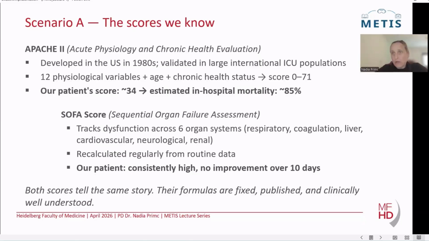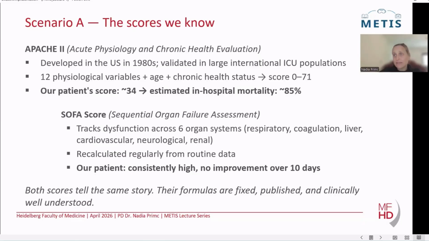The clinician records 12 physiological measurements from the first 24 hours in the ICU. Things, for example, like temperature, blood pressure, heart rate, breathing rate, oxygen levels, but also potassium, creatinine, and also the Glasgow Coma Scale.